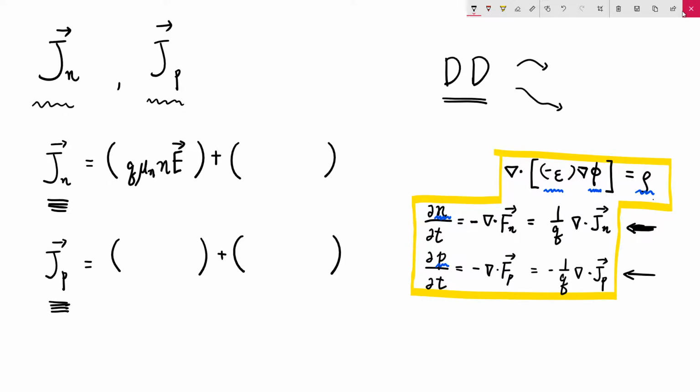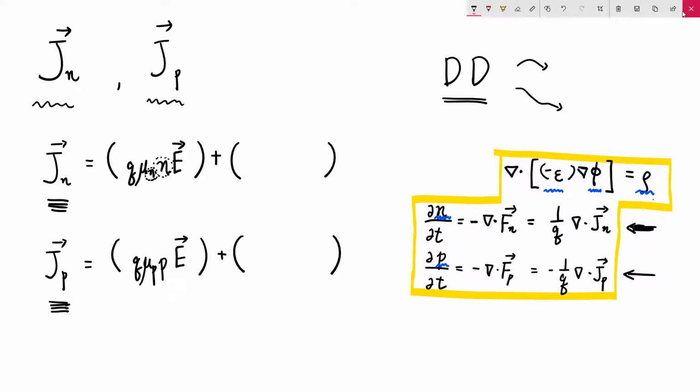And when we consider hole current density, then of course the subscript or charge density should be changed to hole. So q mu p p E. That is the drift term for holes.